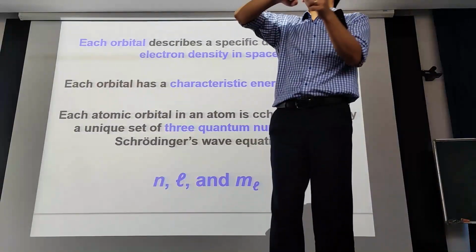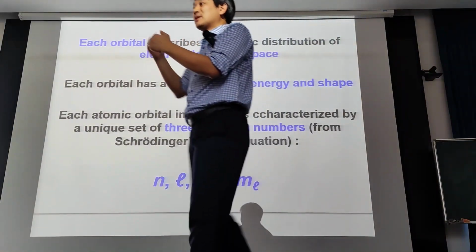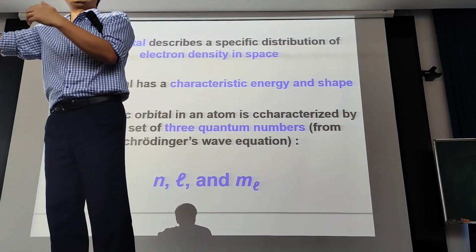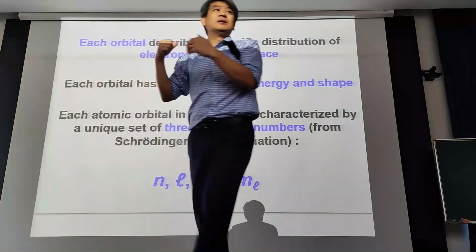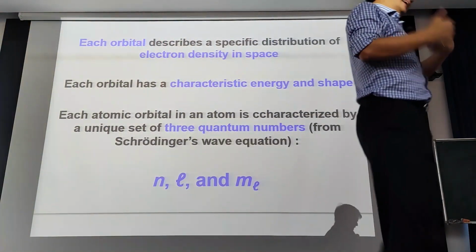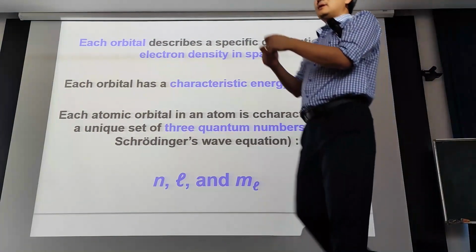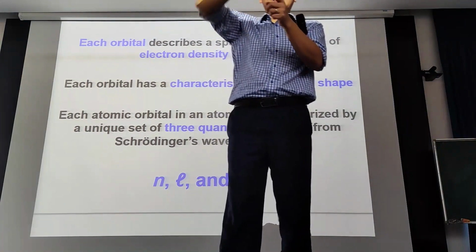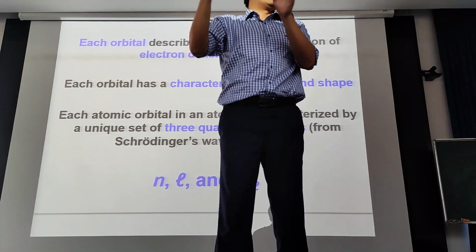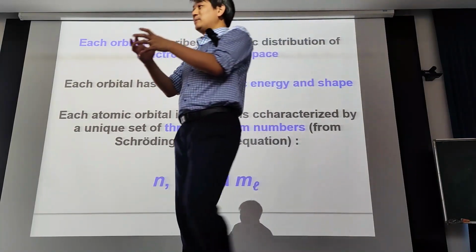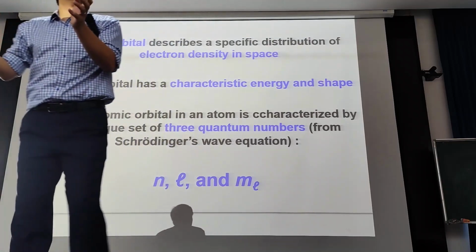To describe the size of the orbital, so the energy of the electron in this orbital, we use the first quantum number, we call the main quantum number n. Second, what could be the shape in terms of morphology, whether it's sphere, square or whatever.